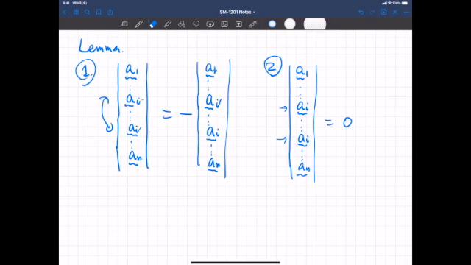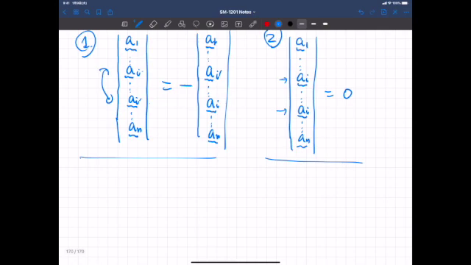Now, once we prove the first part, proving the second part is very easy. So let's suppose we have already proved the first part. If we swap this row with this row, then we should still have the same determinant, right? Because they have exactly the same values.